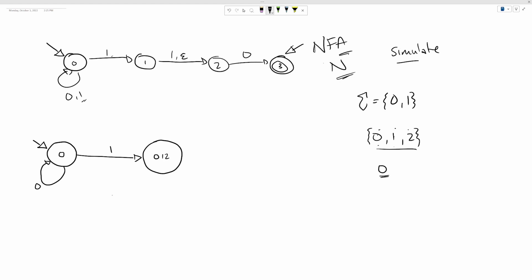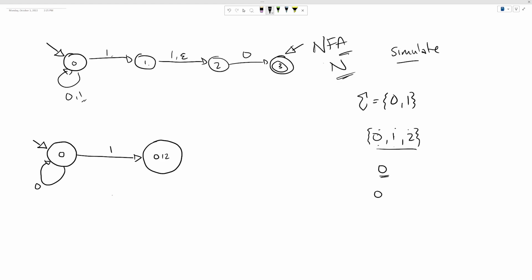Okay, now let's check. If I was in state 0 and I got a 0, I would still be in state 0. Okay, check. If I was in state 1 and I got a 0, ooh, that goes nowhere. That goes to the dead state, okay? And so I'm going to say, okay, that branch died off.